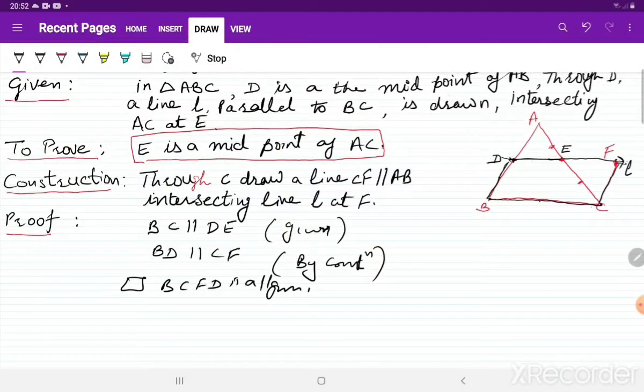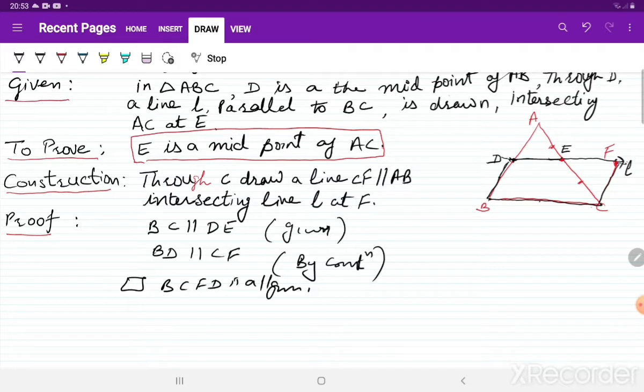Now, why is this quadrilateral a parallelogram? Because its opposite pairs are parallel. Now, if BCFD is a parallelogram, then its opposite sides will be equal also. We know the property of a parallelogram: if any quadrilateral is a parallelogram, its opposite sides are equal and parallel. Here we have opposite pairs parallel, so they will be equal also.